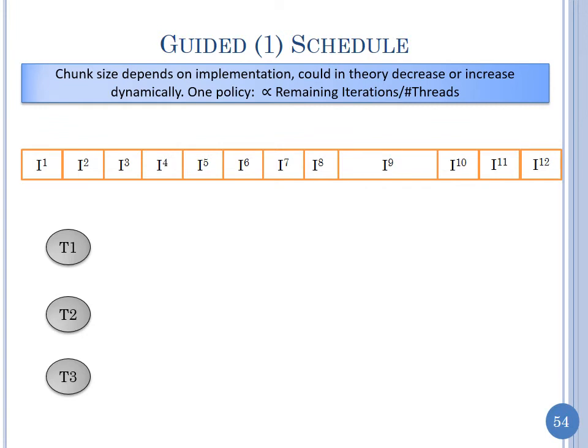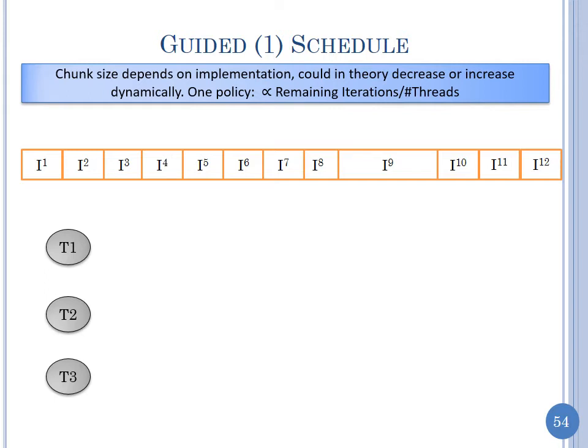So guided means that the system does more and takes more decisions. There can be many, many ways to do that. It could, in theory, decrease or increase the step size dynamically. But one policy that I read about is that the step size is proportional to the remaining iterations divided by the number of threads.